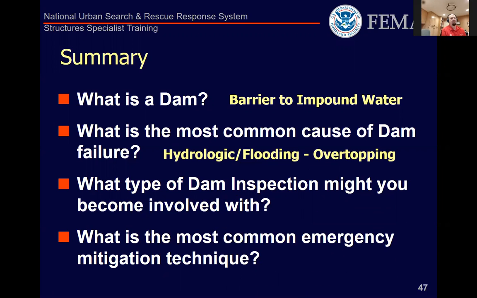Overtopping. Yeah. Good. What type of dam inspection might you become involved with? Emergency. Very good. What is the most common emergency mitigation technique? Lower the water level. Lower the pool. Good job.